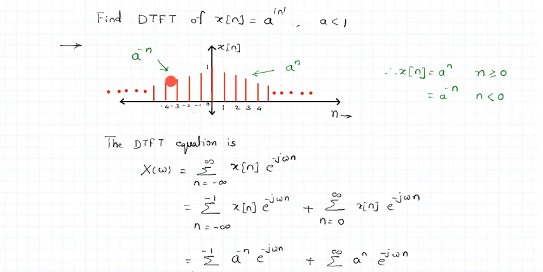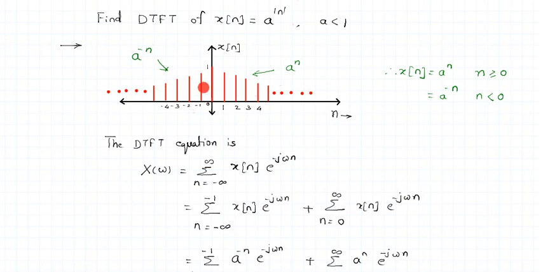So when we are representing this particular part of the signal without the mod, the equation turns out to be a raised to minus n, because the moment we put negative values here, we should get a raised to plus n values, because the magnitudes of these are very similar to the magnitudes for a raised to n.